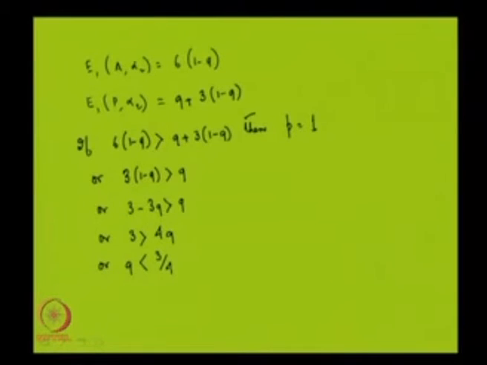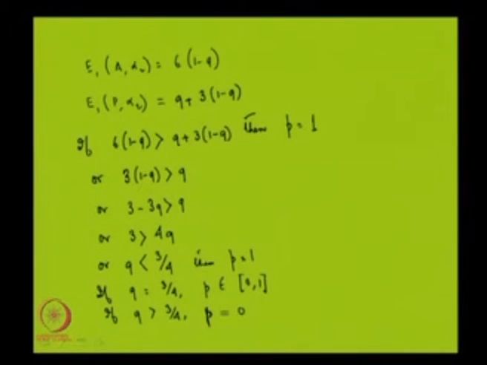So if Q is less than 3 by 4, then P is equal to 1. And from here it means that if Q is just equal to 3 by 4, then P can take any value. If Q is greater than 3 by 4, P will take the value 0. So this is the best response function of player 1.